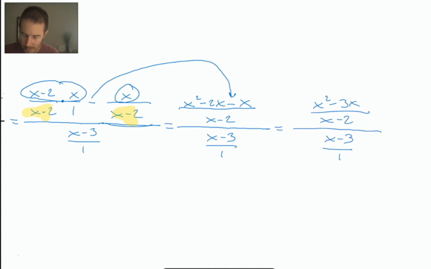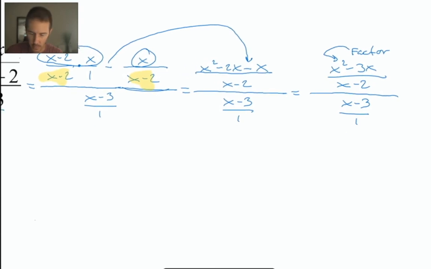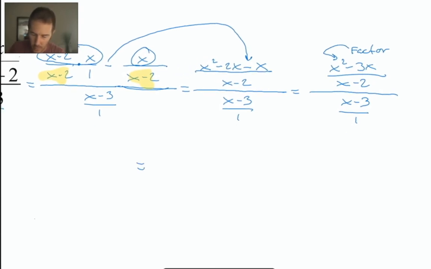And now I'm going to factor this x squared minus 3x. That numerator's numerator contains a common factor of x. So I'm going to factor it out and write this as, equaling, here's my big divisor, numerator's numerator is now x times x minus 3 divided by x minus 2.